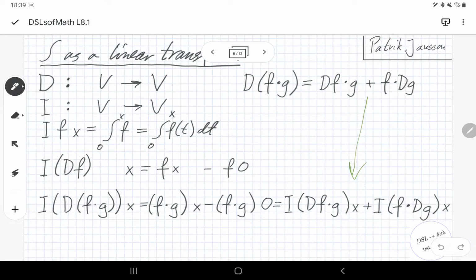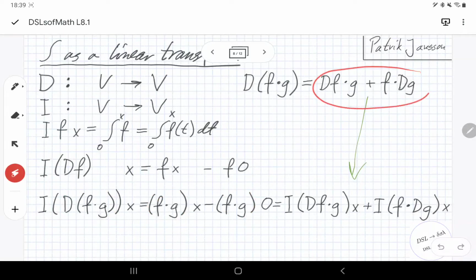Yeah, and this was exactly what I was writing before. I've just repeated what I wrote before up to this point, but then I want to use this equation. I'm saying, oh, by the way, the derivative of f times g, we know another expression for that. So here I use the expression for the derivative and use that to compute it.